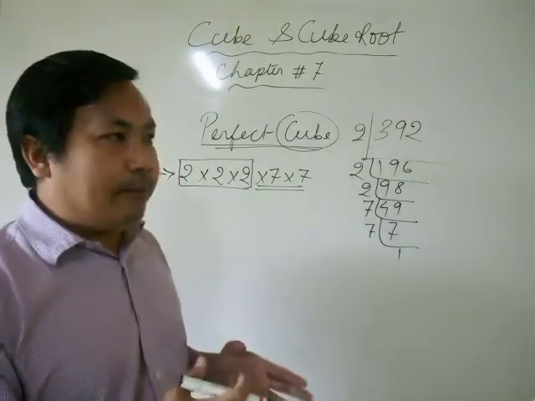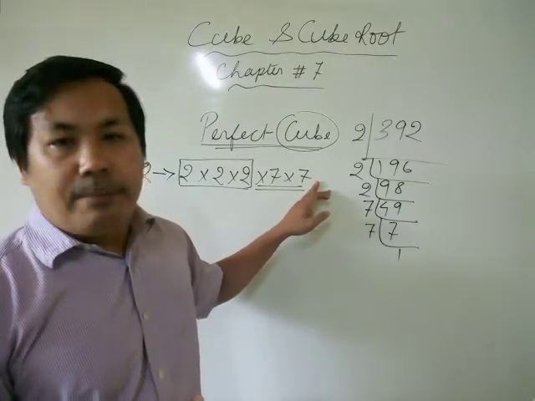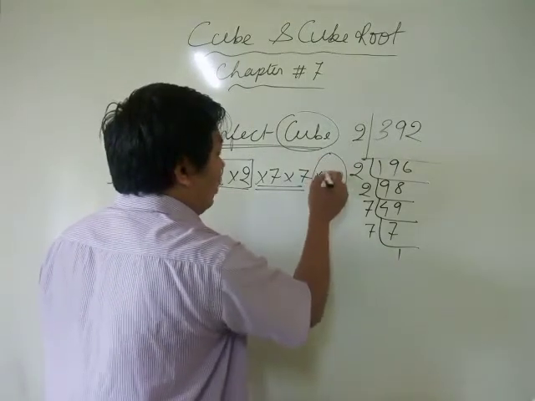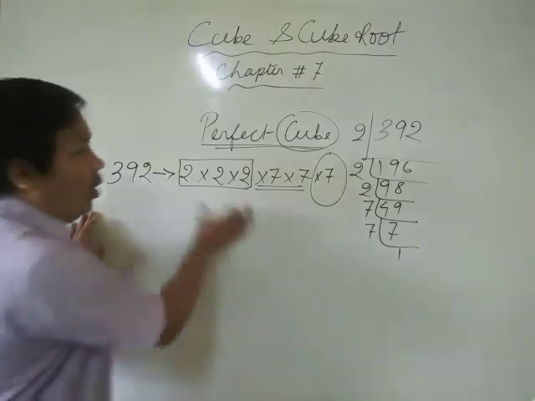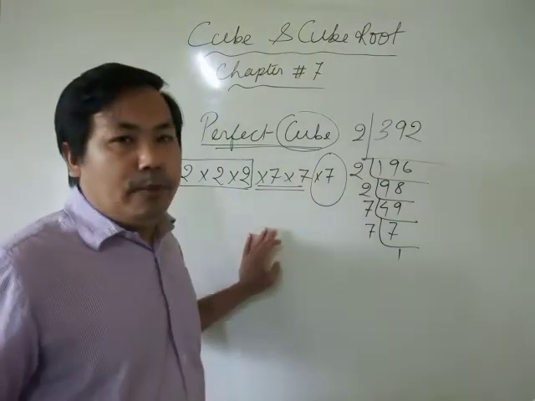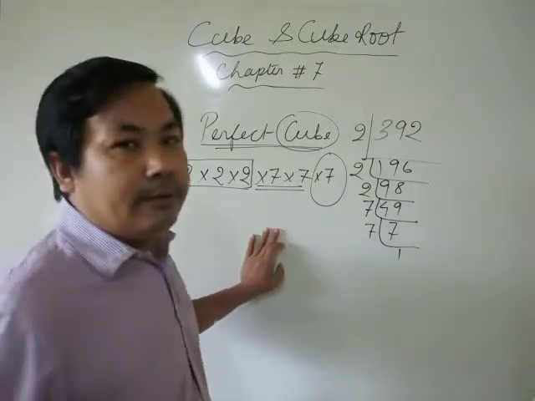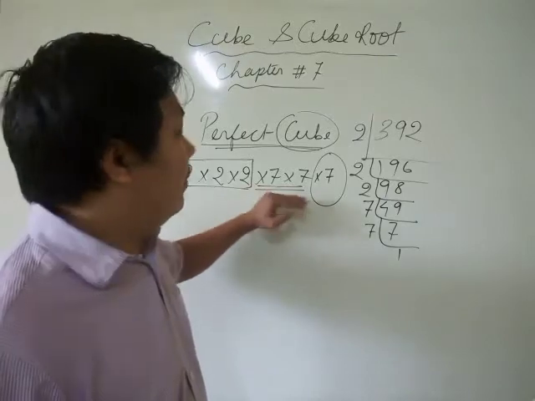To become a perfect cube, we need 1 more 7 to be multiplied here. If you multiply 1 more 7, then the number will become a perfect cube, so that all the prime factors can be grouped into 3 of the same type: 2, 3 times, 7, 3 times.